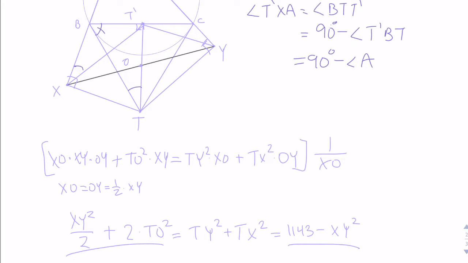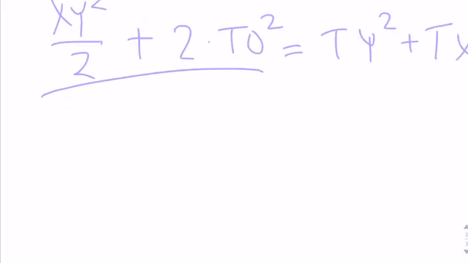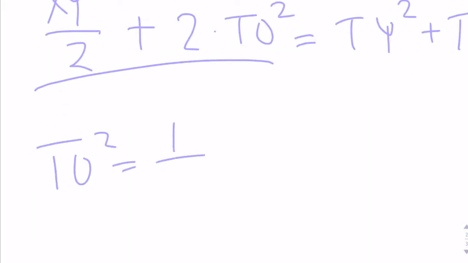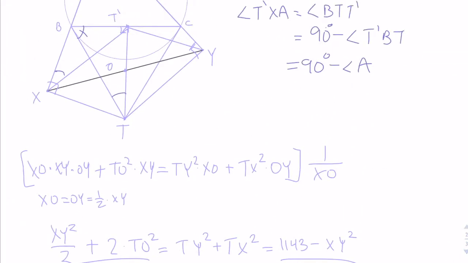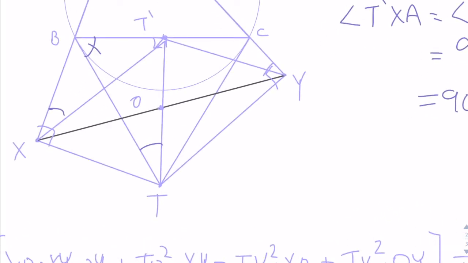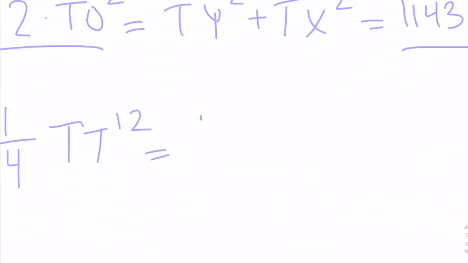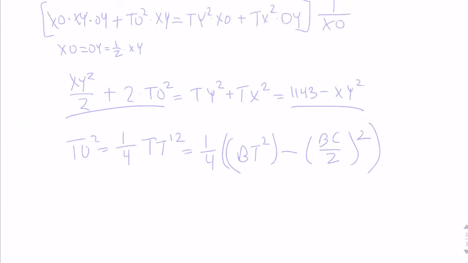And now we can really easily compute TO squared, because we know that TO squared is equal to 1/4 times TT prime squared, because TO is half of the length of TT prime, and also we know that TT prime squared is equal to BT squared minus (BC over 2) squared by the Pythagorean theorem.